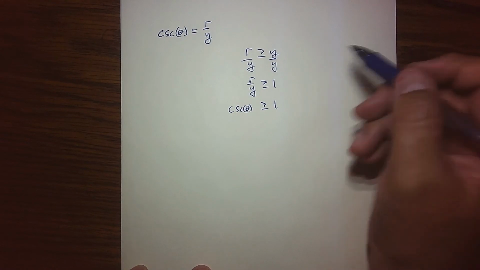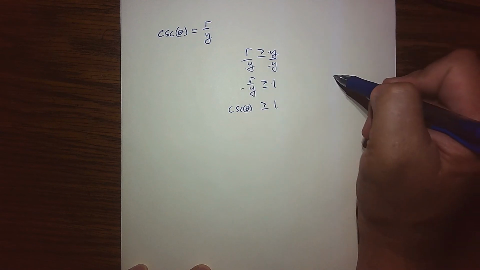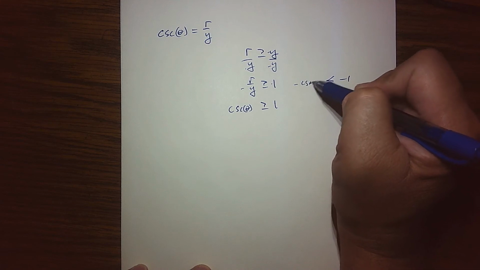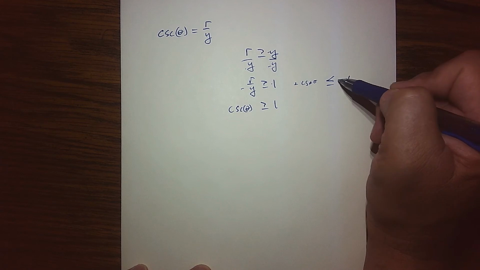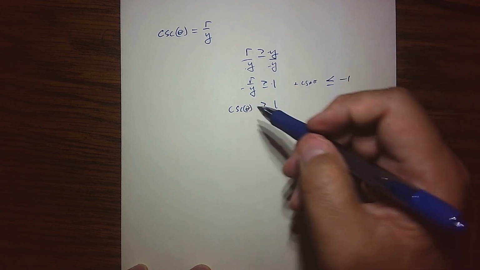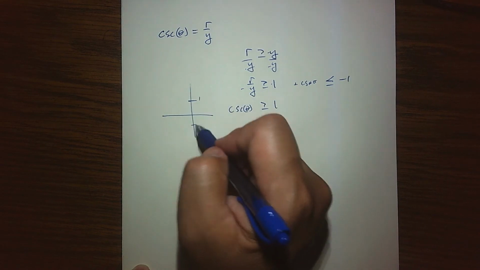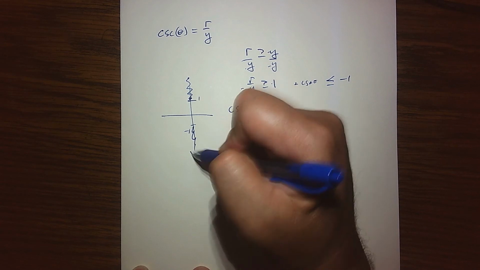Of course, we can also consider their negatives. If y is negative, we introduce a negative which flips the sign around. And so our cosecant value for that will be less than or equal to -1. So if I was thinking in terms of range, this basically means from 1 to -1, outputs are happening this way and outputs are happening that way.